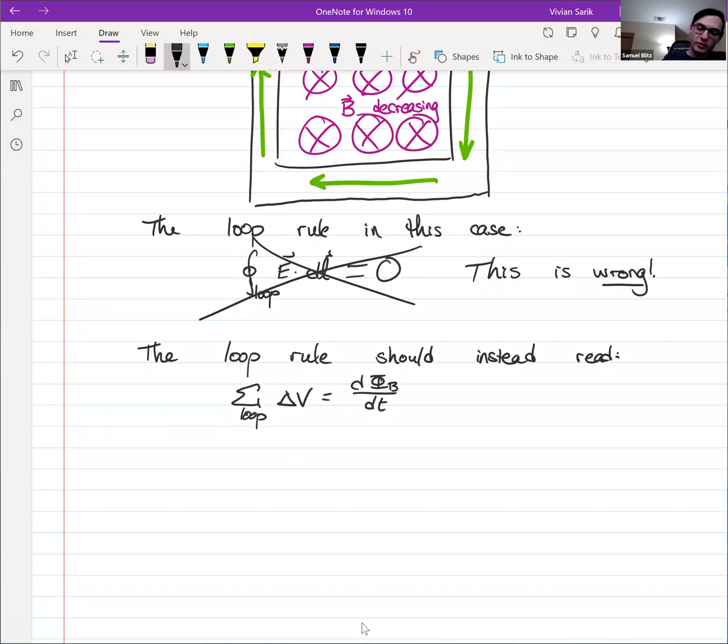In terms of the electric field, we can rewrite this equation. Sorry, there needed to be a negative sign there, but it was equal to 0, so it didn't matter. In terms of the electric field, an integral over the loop of E dot dl should now equal the rate of change of the flux. And now this is okay, because you have something that's not 0 on the left-hand side and something that's not 0 on the right-hand side.